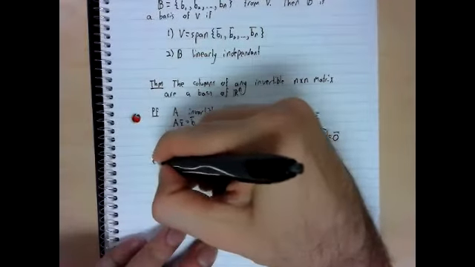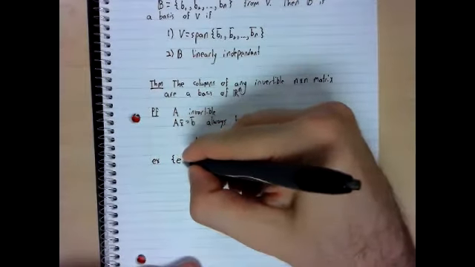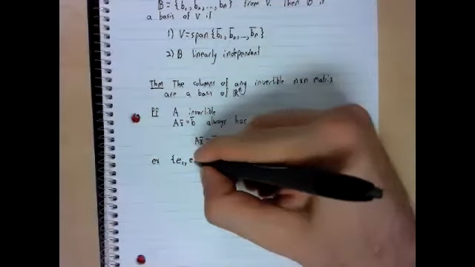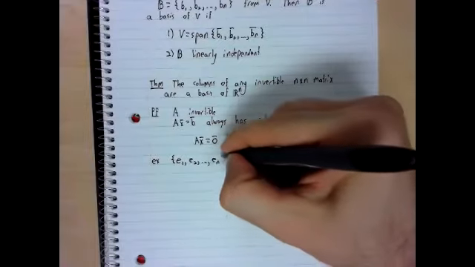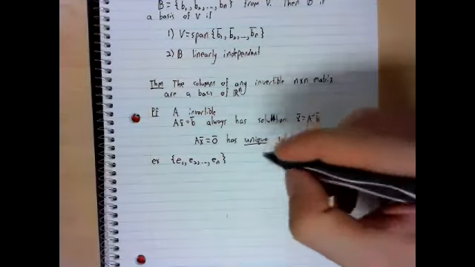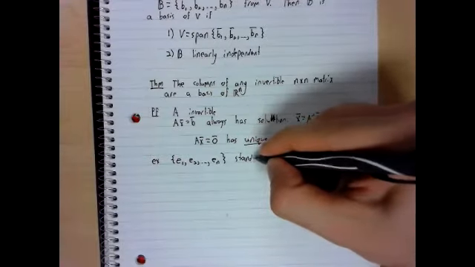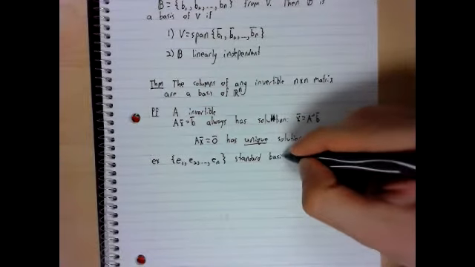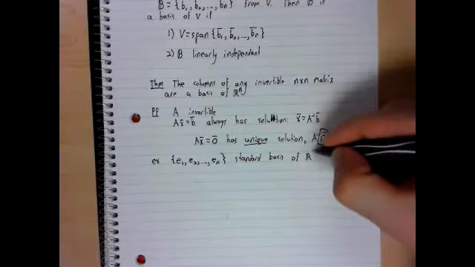In particular, if you remember the elementary vectors e sub 1, e sub 2, and so on, these are called the standard basis of Rn.